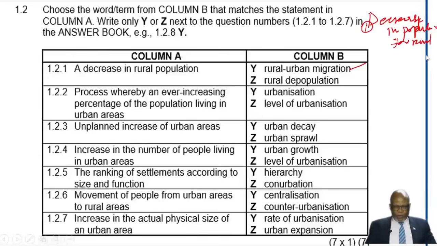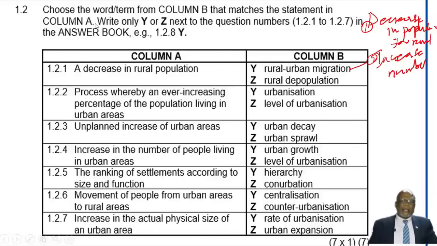We call it rural depopulation. So when that happens, the people have moved out of rural areas. Where did they go to? They went to urban area. So what's going to happen to the number of people in urban area? It is going to increase.